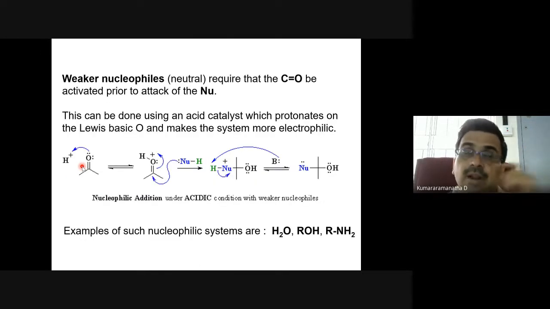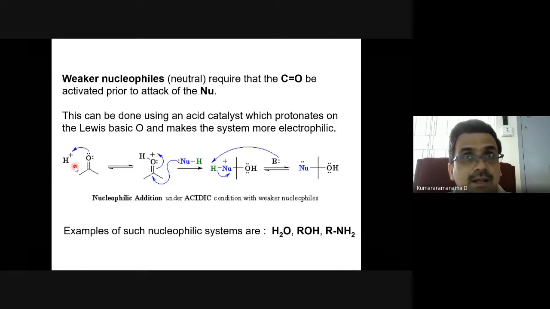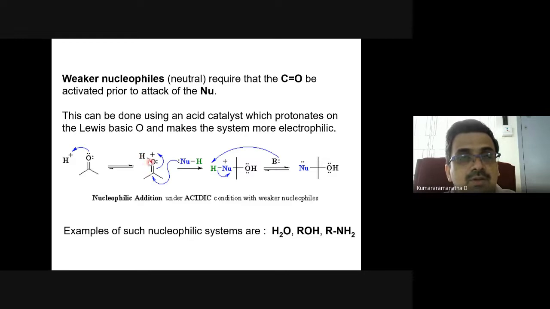Let's take what happens when the nucleophile is weak. With weaker nucleophiles, you need to activate the substrate before it is attacked. The lone pair of electrons will bind with the acid in acid catalyzed reactions, so you start creating a complex and a slight positive charge over this carbon center.